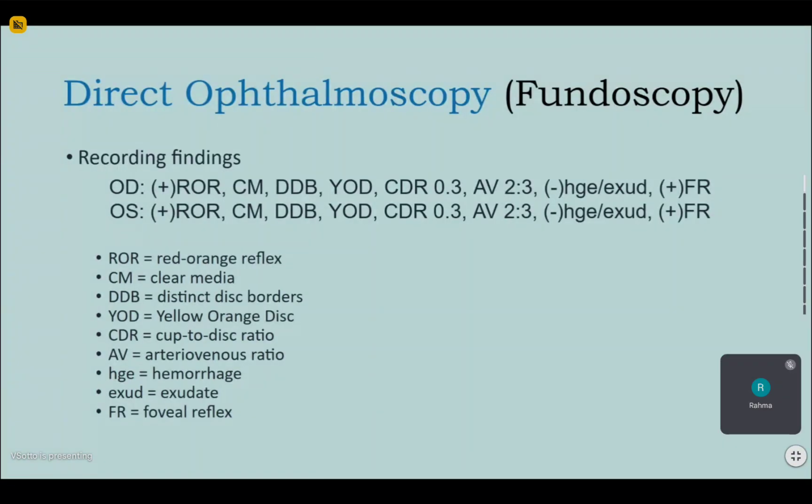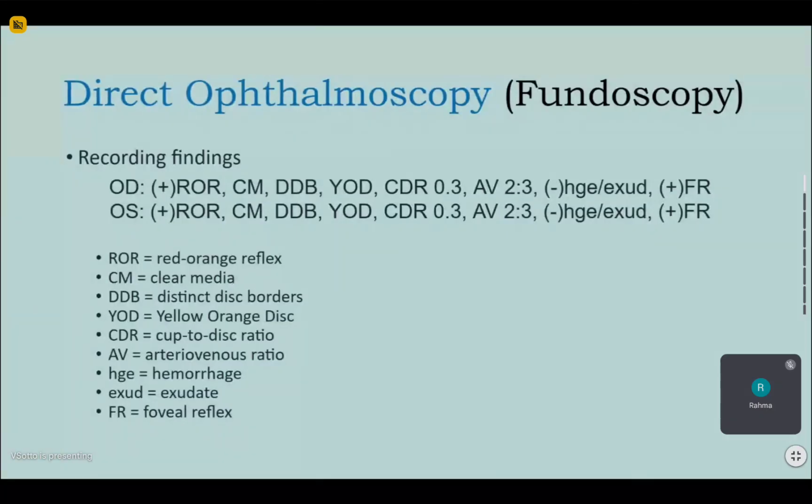You have to record initial findings, so presence of ROR, any presence of media opacity, or the state of the media, your disc borders, if it's distinct or indistinct, or the color of your disc.